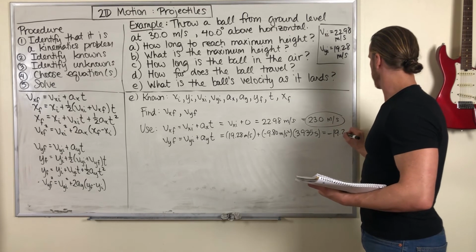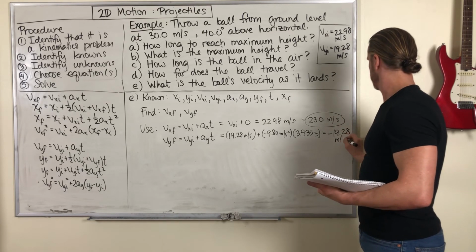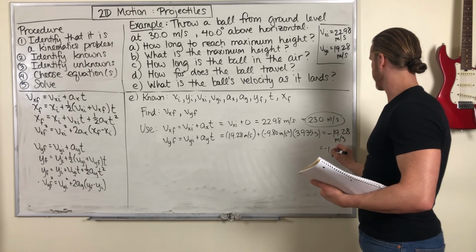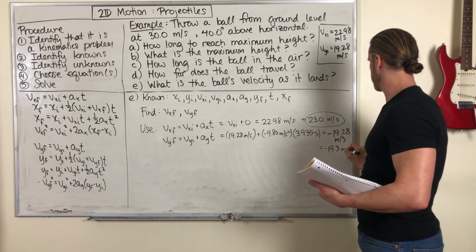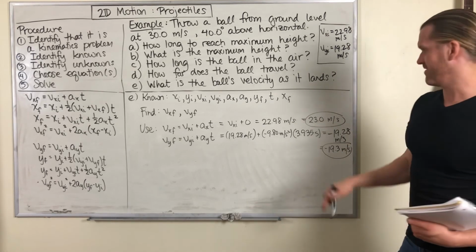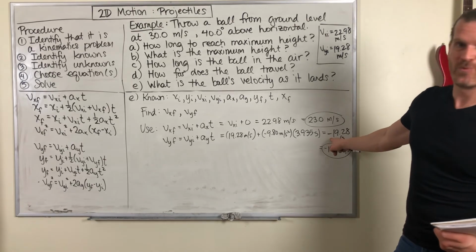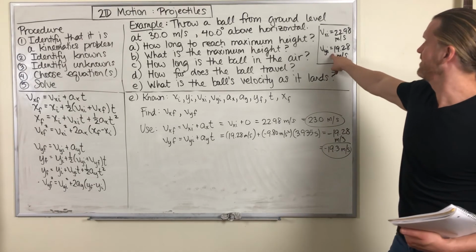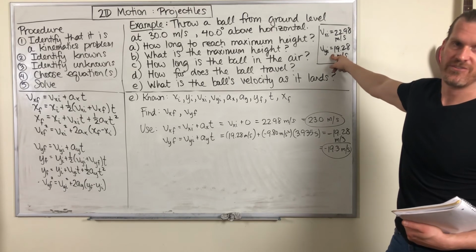negative 19.28 meters per second. We're rounding to negative 19.3. Now check this out. That final y velocity is the same magnitude as the initial y velocity.